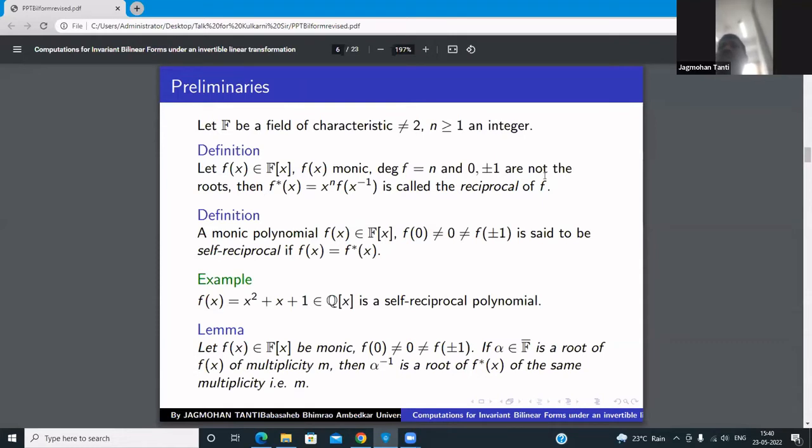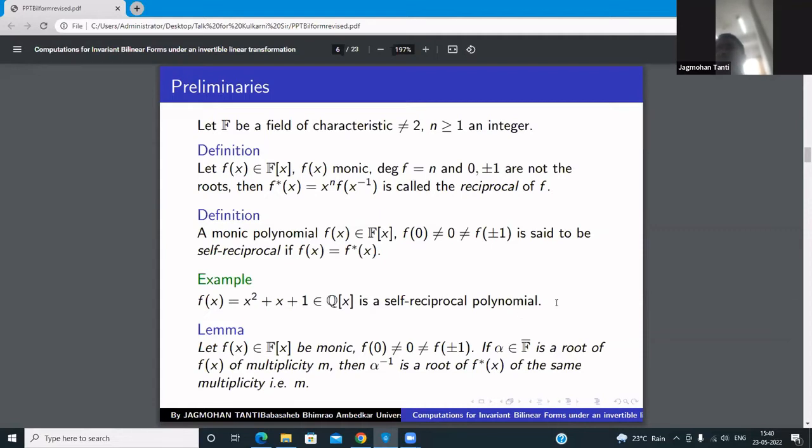Then f star of x equals x to the power n times f of x inverse, which is called the reciprocal of f. We say a monic polynomial is self-reciprocal if f of x is the same as f star of x. For example, we can take f of x equals x squared plus x plus 1 in Q[x]. This is a self-reciprocal polynomial.